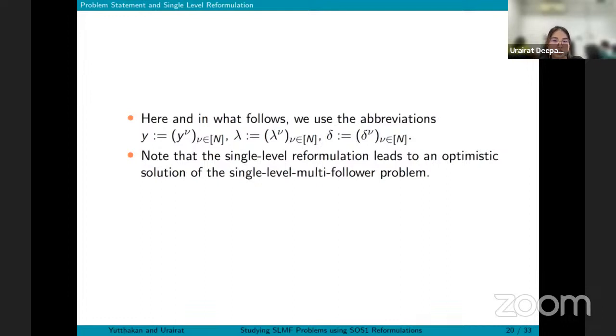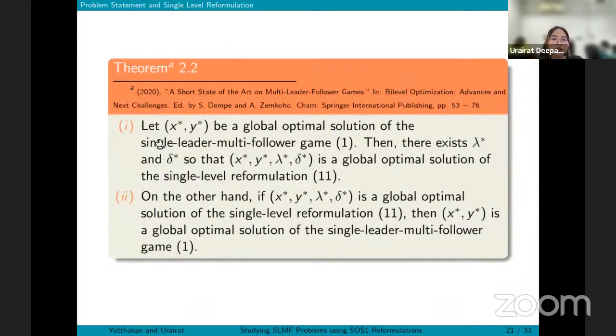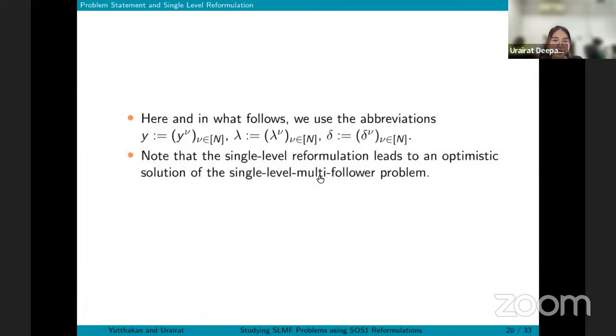multi-follower game. The theorem guarantees that if x star, y star is a global optimal solution of the single leader multi-follower game of equation 1, then there exist lambda star and delta star, so that x star, y star, lambda star, delta star is a global optimal solution of problem 11 on the last page.